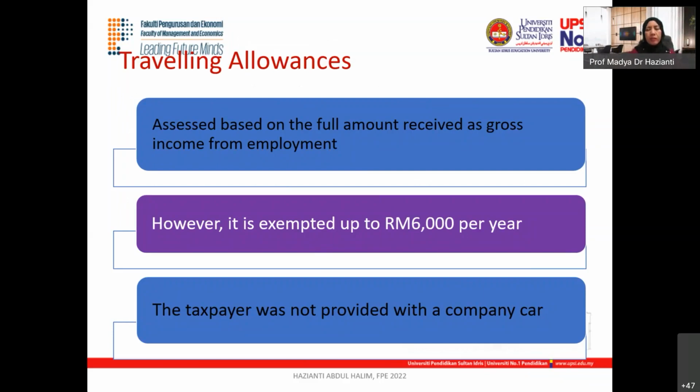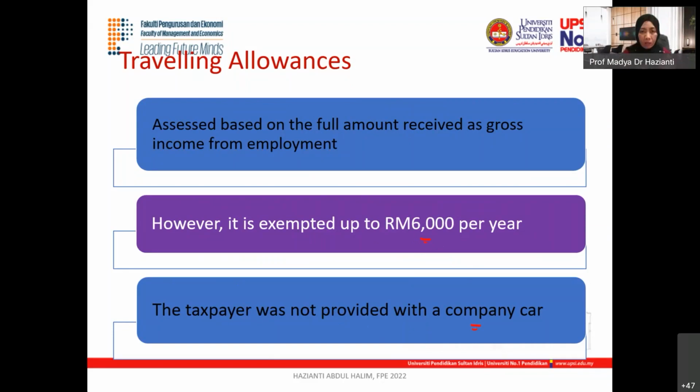Alright, travelling allowances. Okay, just now was long service award and also gift. So travelling allowances: sometimes you might have travelling allowances based on the full amount received as gross income from employment. As in the earlier example, you get a travelling allowance of RM10,000 a year, but there is an exemption of 6,000 per year, provided the taxpayer was not provided with a company car.